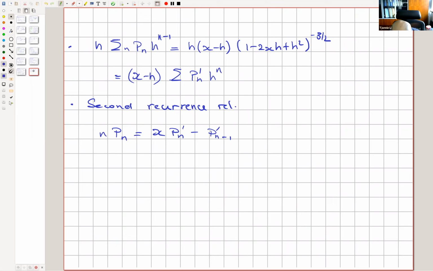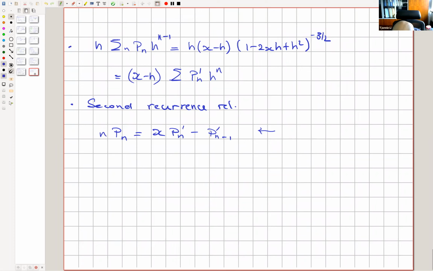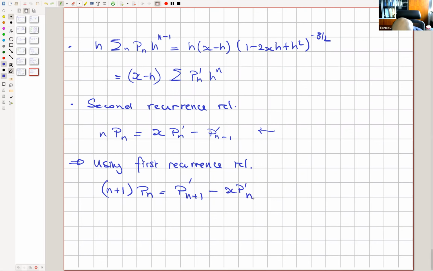So I can now combine this equation with this equation in such a way that I can now write this. So using the first recurrence relationship, I can now write that I get n plus 1 Pn plus 1 prime minus x Pn.